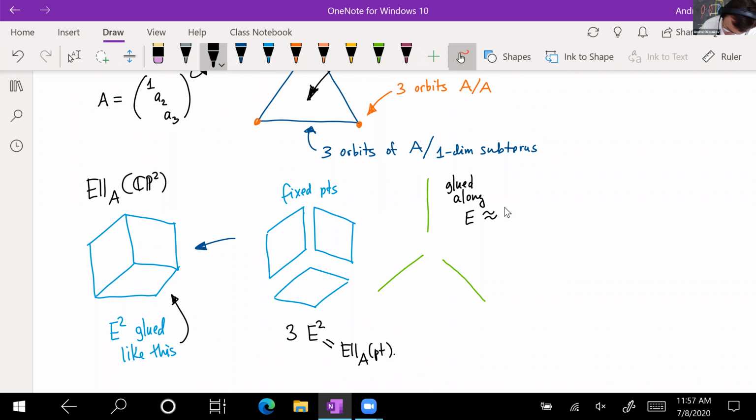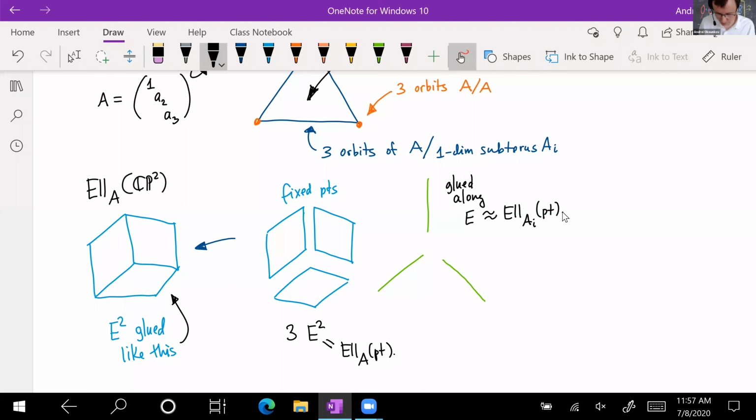Each corresponds to elliptic homology of A mod one subtorus, maybe call it whatever. There are 3 different subtori. This is the elliptic homology of a point.